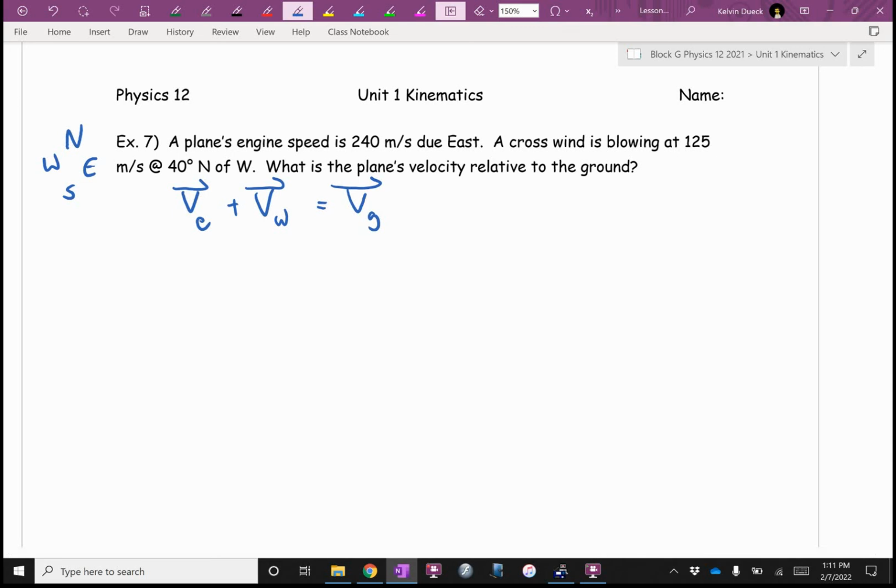All right. Kai, what's the engine velocity, magnitude, and direction? What's the crosswind, magnitude, and direction? North of what? I'm going to draw west as a dotted line first.